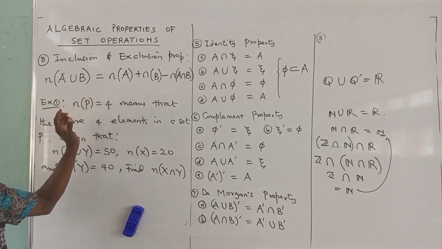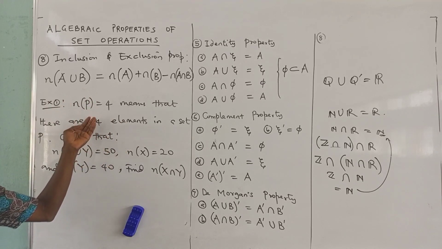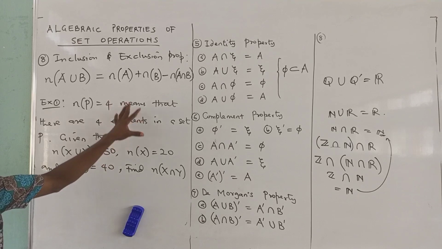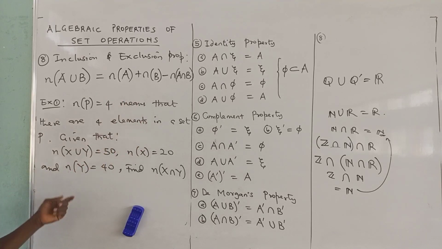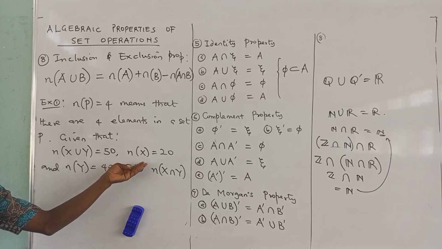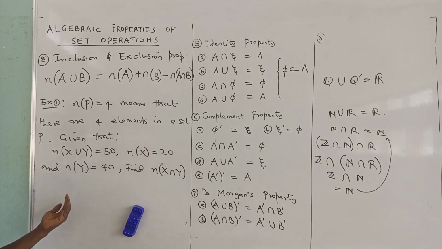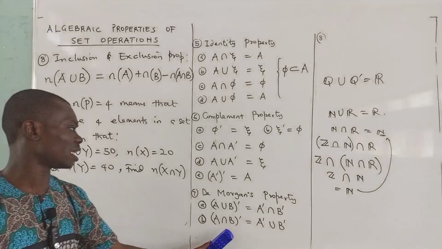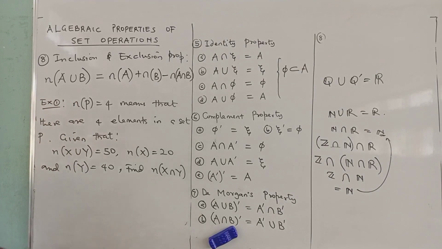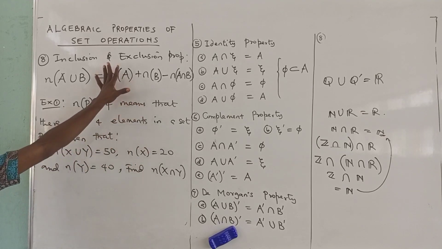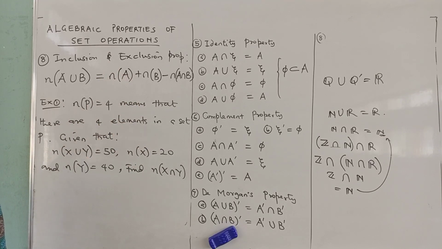They're trying to tell us that when you have the cardinality of sets, the cardinality of P means that there are 4 elements in that set P. The cardinality of X union Y is 50, the cardinality of X is 20, and the cardinality of Y is 40, and we should find the cardinality of X intersection Y. So you discover that you can actually handle this problem using this exclusion and inclusion property.